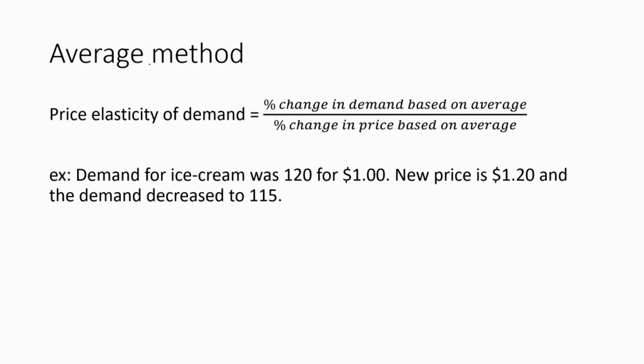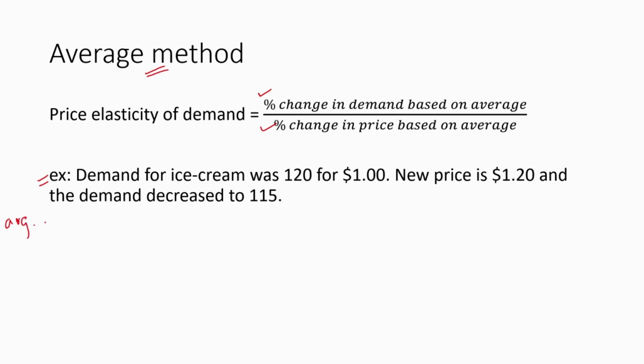Now let's discuss the average method. For this method, the price elasticity of demand formula is a bit different. It is the percentage change in demand based on average divided by the percentage change in price based on average. Let's do the same example as before so that we can understand this method. First, we have to calculate the average for demand and the average for price.